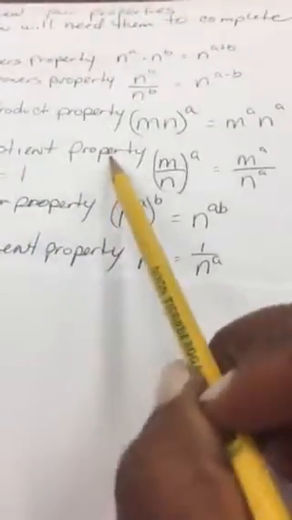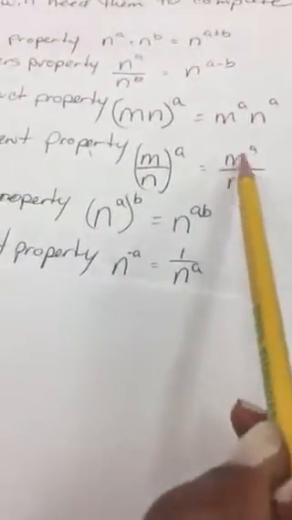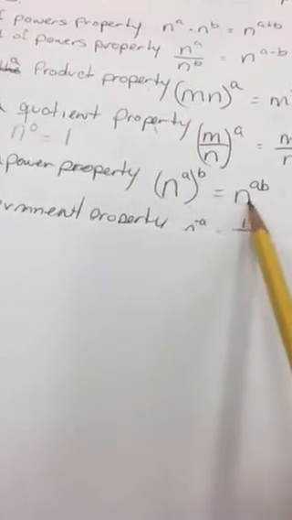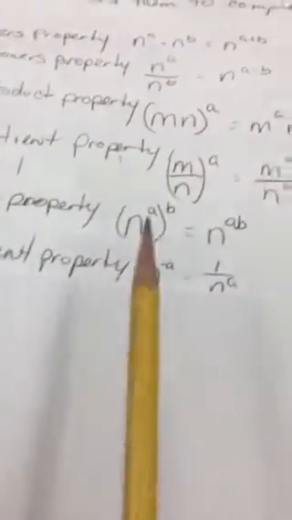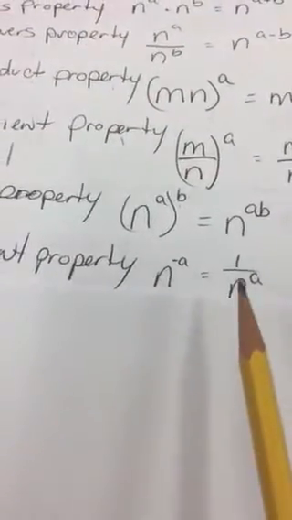Don't forget we did the power of a quotient property, which means (m over n) raised to A equals m to the A over n to the A. We did the power of a power property, which says n to the A power raised again to the B power equals n to the A times B. And last but not least, we did the negative exponent property, which says n to the negative A equals 1 over n to the A.